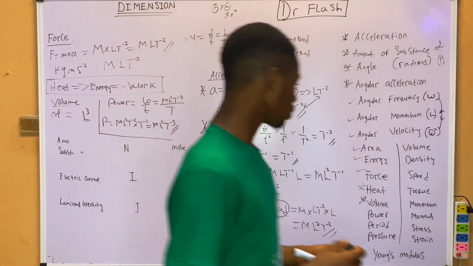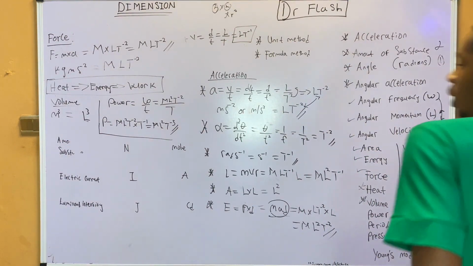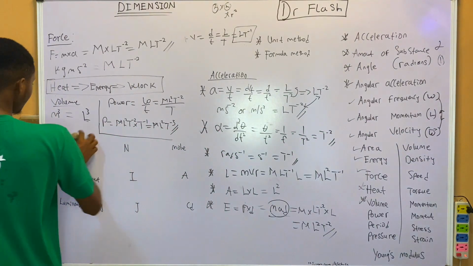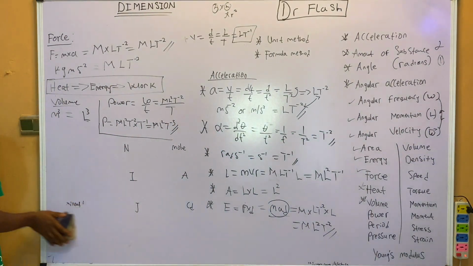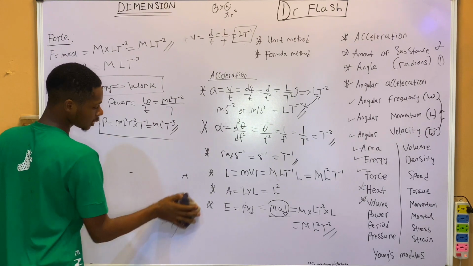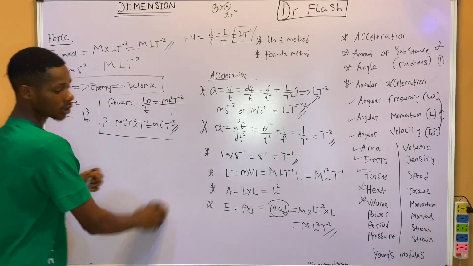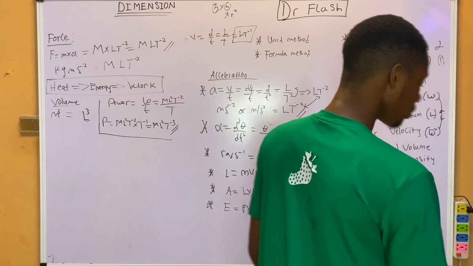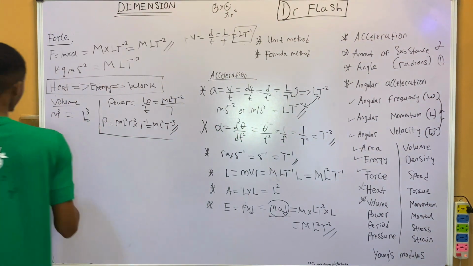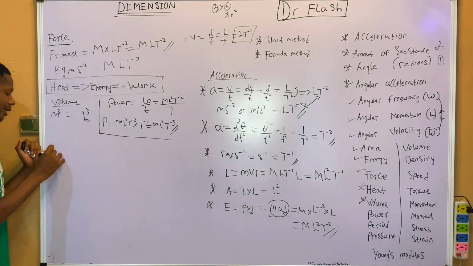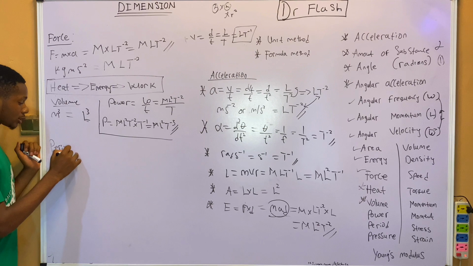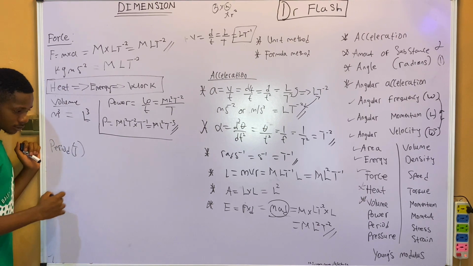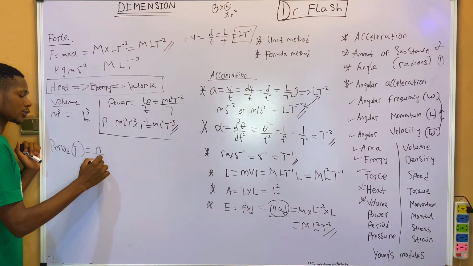And then the next one on the board is period. Now what is period? Period is the number of oscillations, cycles, or revolutions performed in a given amount of time. So period, which is represented by capital letter T, is number of oscillations over time.